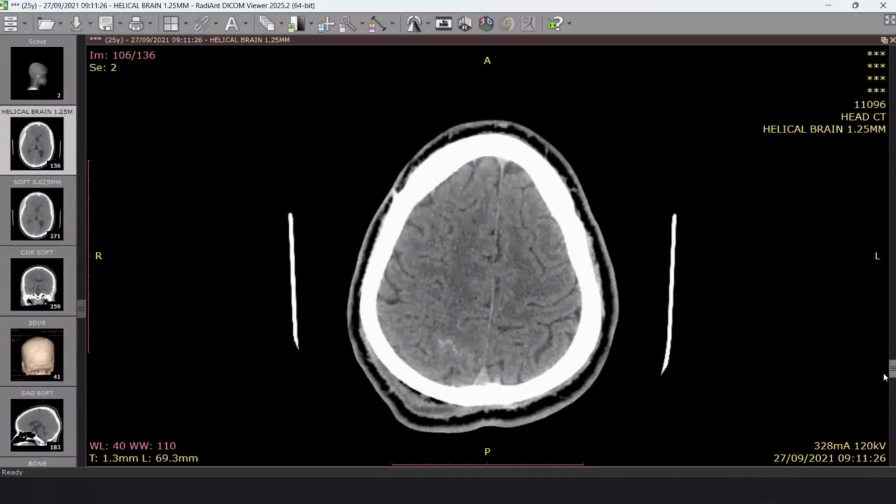We also have the modified Fisher scale for grading of subarachnoid hemorrhage. If we have very thin subarachnoid hemorrhage not extending into the ventricular system, this is grade 1. Grade 2, if it is extending to the intraventricular system. Grade 3, thick subarachnoid hemorrhage without extension to the intraventricular system. And grade 4, thick subarachnoid hemorrhage extending to the intraventricular system.